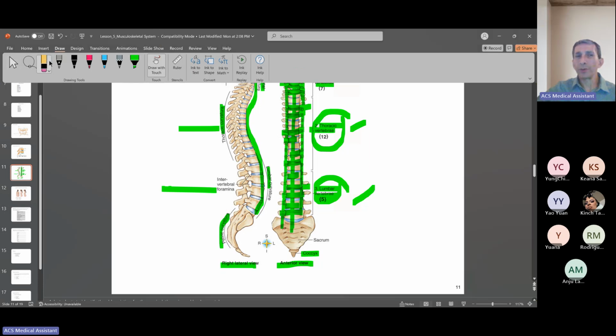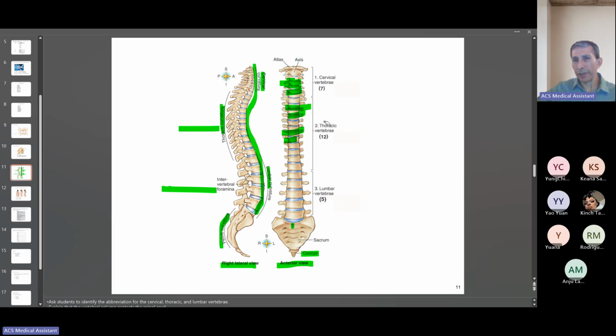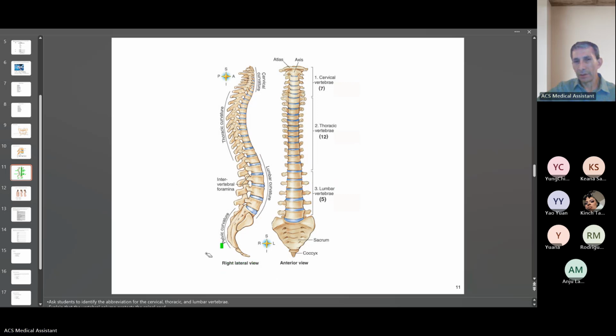Because people present with deformities, abnormalities of the thoracic vertebrae and the lumbar vertebrae. And we're going to have names for those. We mentioned them already. We mentioned Kyph and Lord. So we're going to see how that plays out.